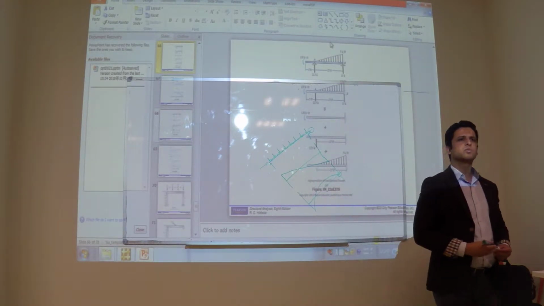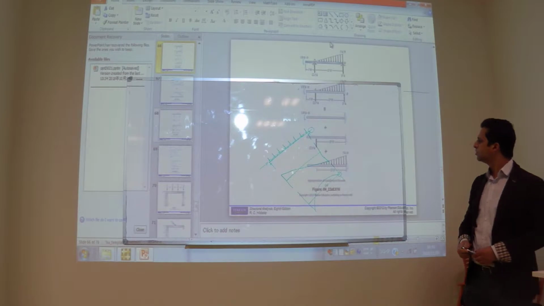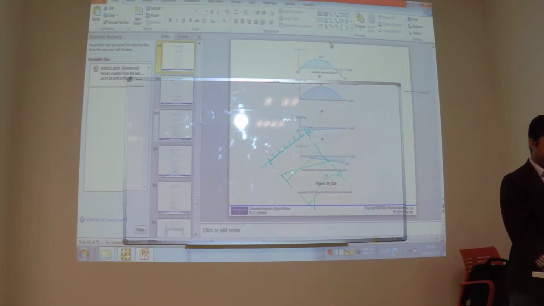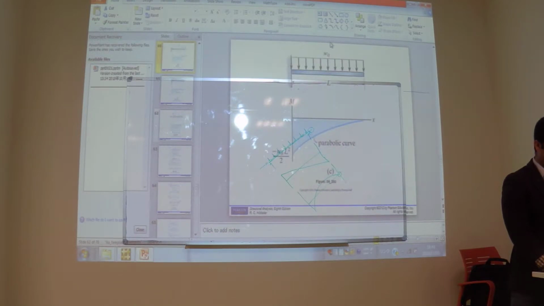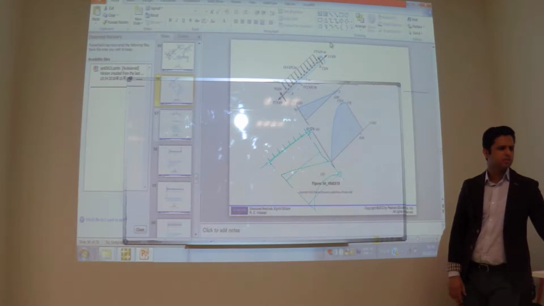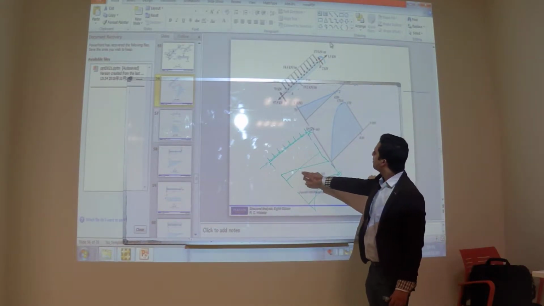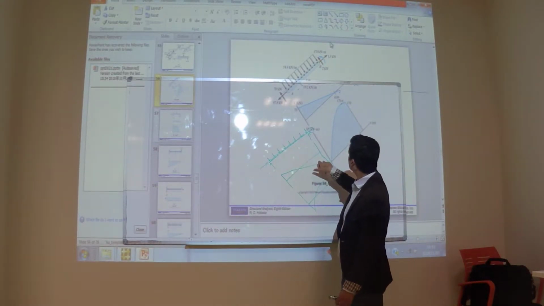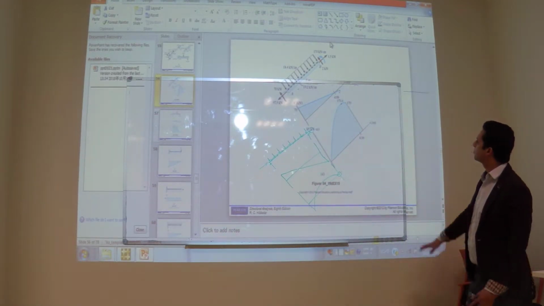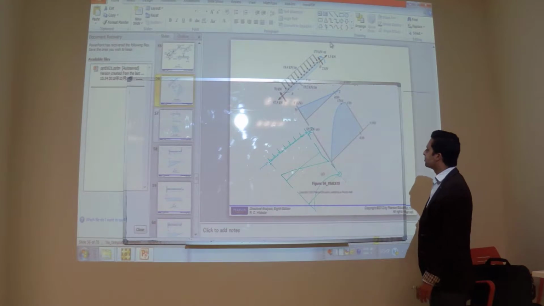Because for any slope, we will make the drawing as a slope. If you go to the example from the previous year, see something like this. This shape depends upon the values. If the value is very high, it will not go down; it will finish here. But it is the same way.